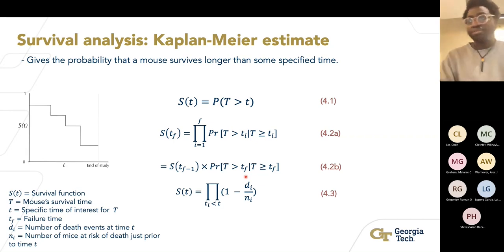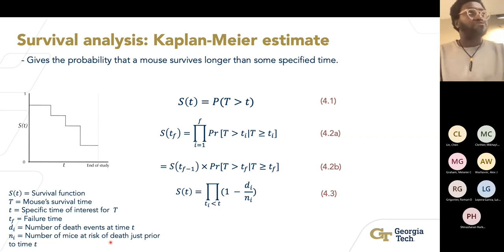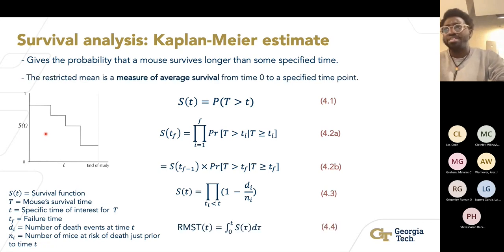And the way this is done procedurally is, for each time point, you count the number of death events at time t, and the number of mice at risk of death just before that time t, and then you get your survival curve. And if you have two groups, you can also compare them using a restricted mean survival time analysis, which is just getting the area under the curve.